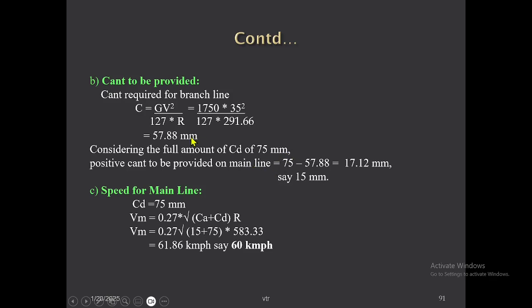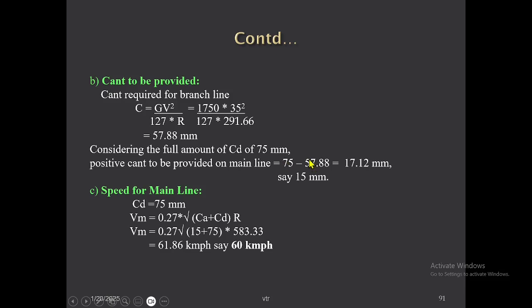So how much are we providing? 57.88 is required, but when we permit cant deficiency, instead of raising the outer rail, we can lower the outer rail by providing negative cant of 17.12 mm. Okay, so for the trains running in the turnout at 35 kmph, the requirement is 57.88, but only 17.12 negative cant will be there, and thereby there will be a cant deficiency of 75 mm, that is the permissible limit.